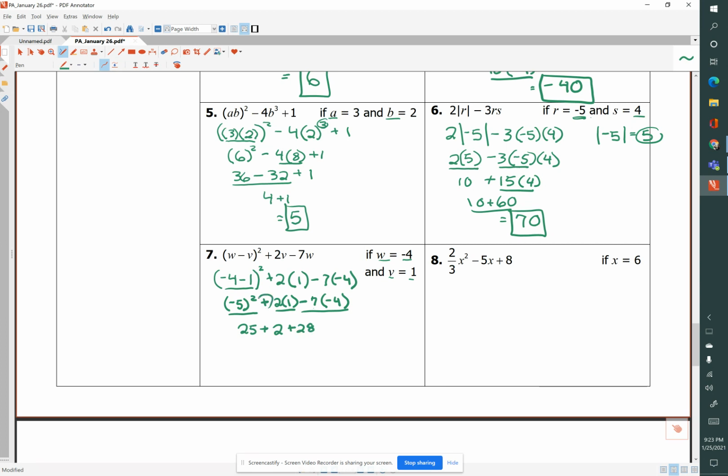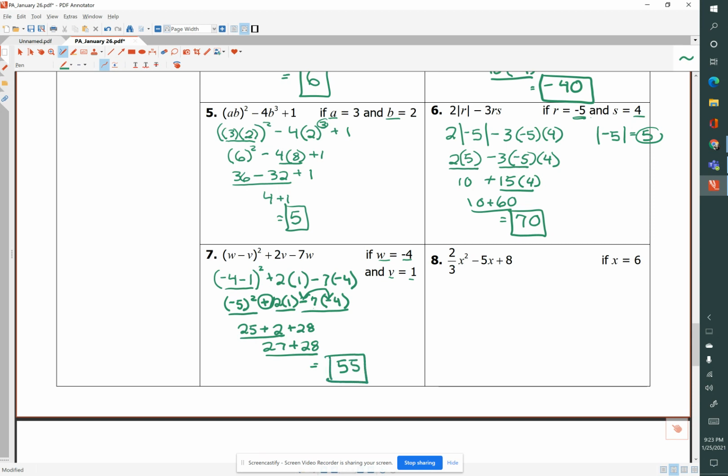So I still need to do this addition, and then the addition that was created by multiplying the negative times the negative. So 25 plus 2 is 27, plus 28, and 27 plus 28 equals 55.